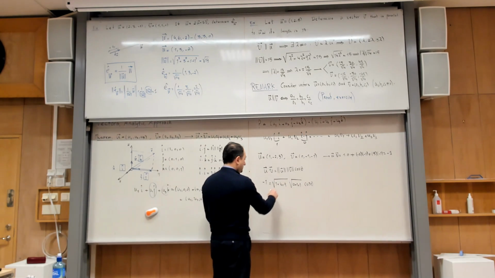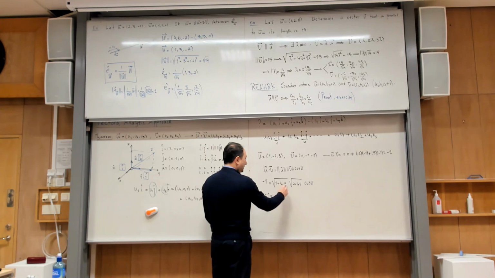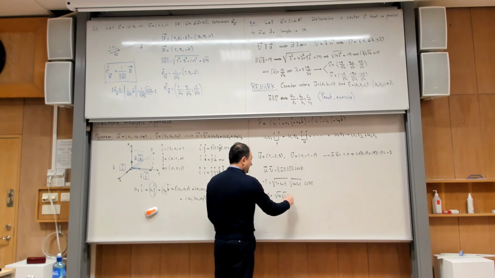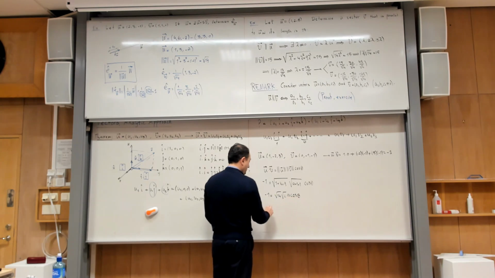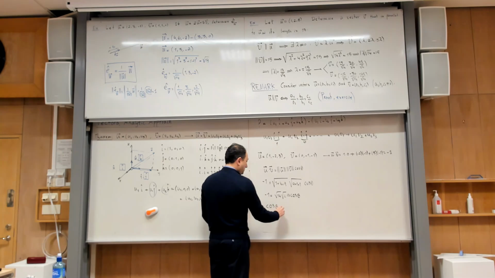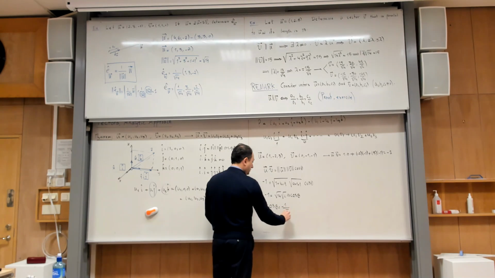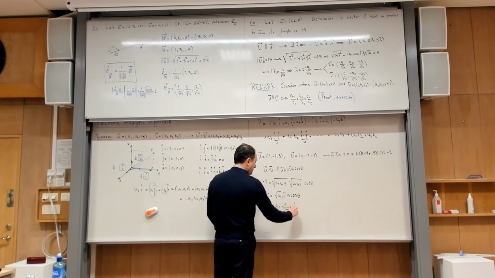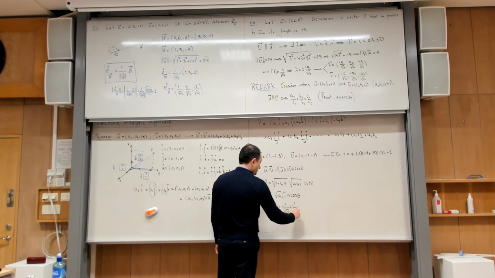So then it becomes minus 1 equals square root of 14 multiplied by square root of 2 multiplied by cosine of theta. This means cosine of theta is minus 1 over square root of 28, which I can write as minus 1 over 2 square root of 7.